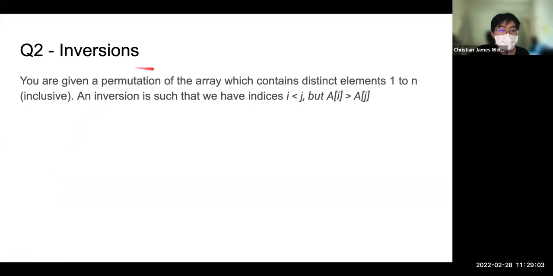Okay, so here you're given a permutation of the array which contains distinct elements 1 to n inclusive. We define an inversion such that the index i is less than j. So intuitively, the element appears to the left, but the element itself is greater than the element on the right.